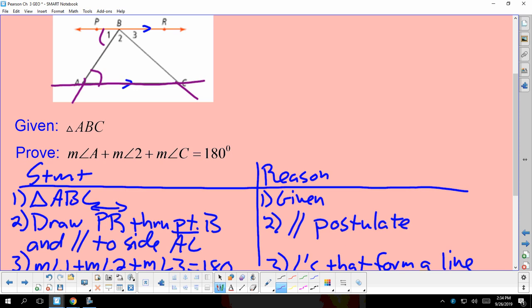Don't we know the same thing about angle 3 and angle C? Those guys are also alternate interior angles and must be congruent since those lines are parallel.